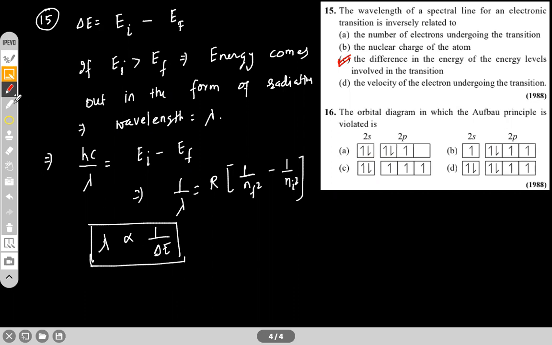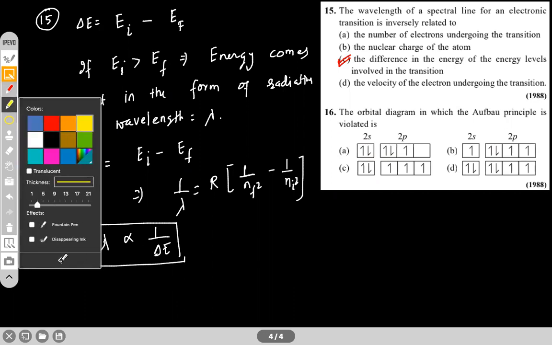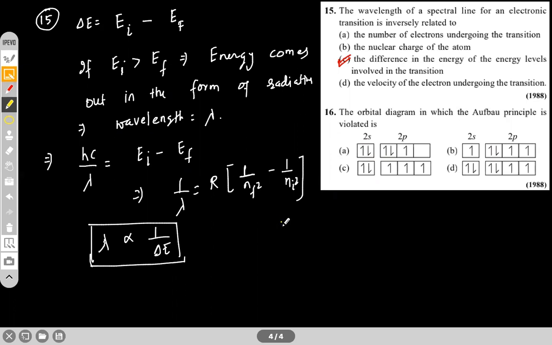Okay, next one. All these questions have been asked in the exam. Orbital in which the Aufbau principle is violated. What is Aufbau principle?